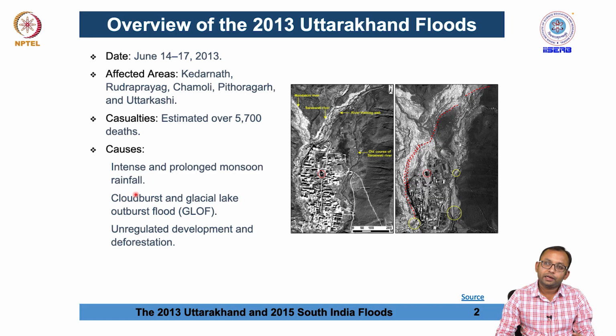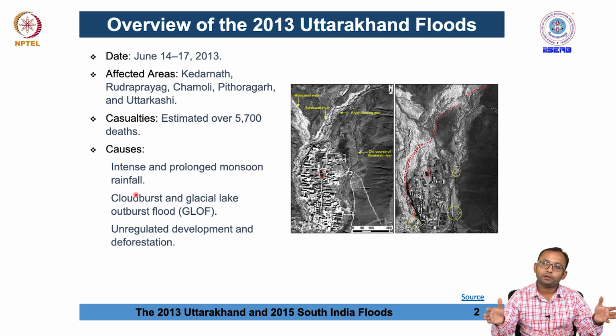There was a lake situated there that had a limited capacity to store water. When the cloudburst event occurred, the extra water also came into that lake, and that breached the lake boundary.